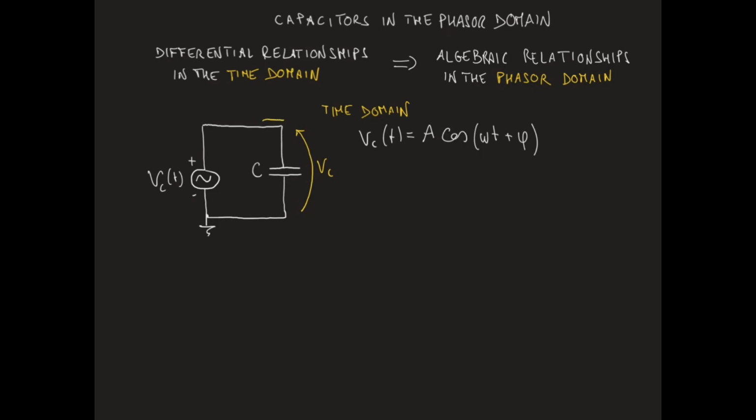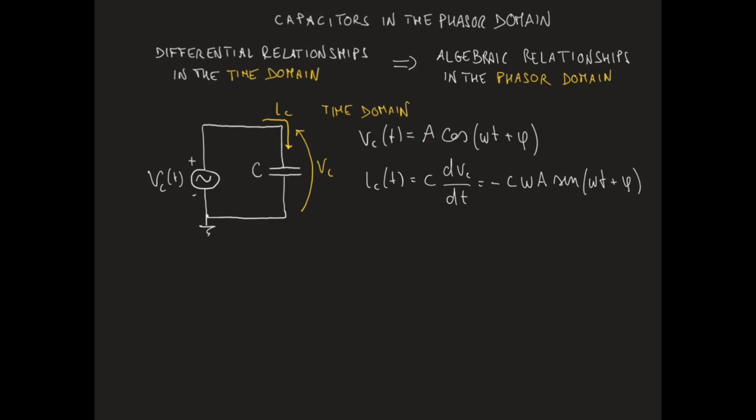The current IC flowing through the capacitor, according to the differential relationship between current and voltage in a capacitor, will be given by C times the time derivative of Vc, which is equal, in this case, to minus C omega A times the sine of omega t plus phi.